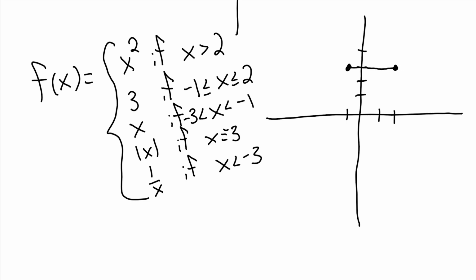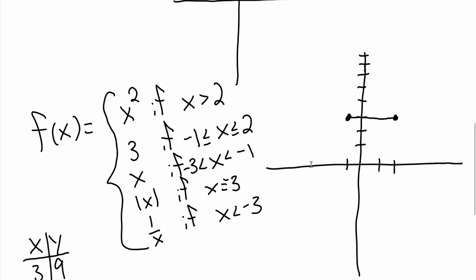If x is greater than 2, then it's equal to x squared, right? So if we put in 3, for example, it's going to be 9. So 4, 5, 6, 7, 8, going off screen here a little bit, 9.